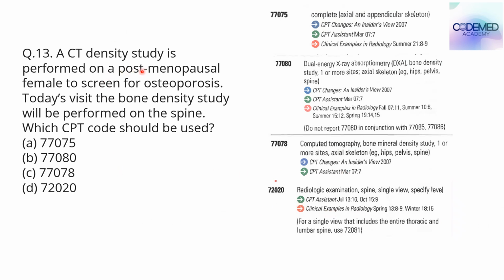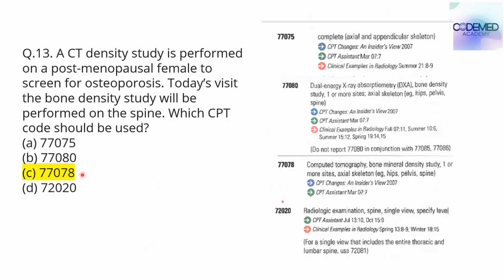In our case it is a CT density, and today it is for the area that is the spine. So tell me now, after going through all the codes, you can zero down your answer. So yes, 77078 is the correct answer because it is the CT bone mineral density study, and the area is also given, hip or pelvis or the spine, that is axial skeleton, and so C is the correct answer.